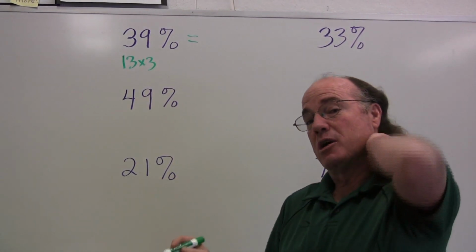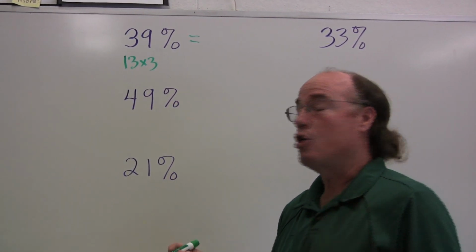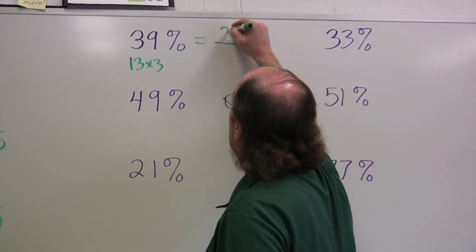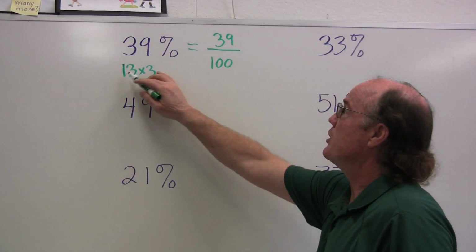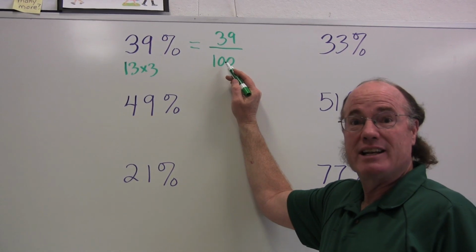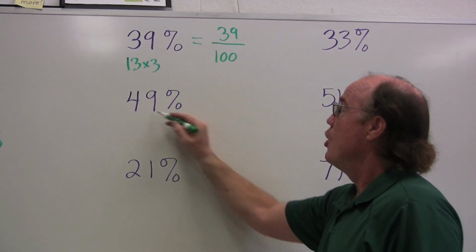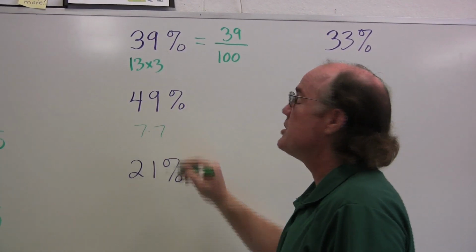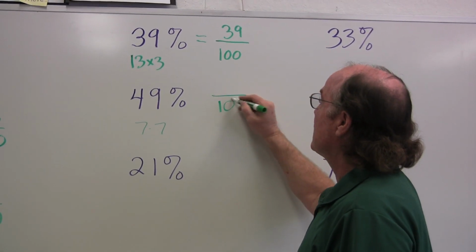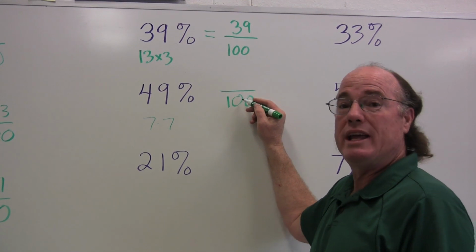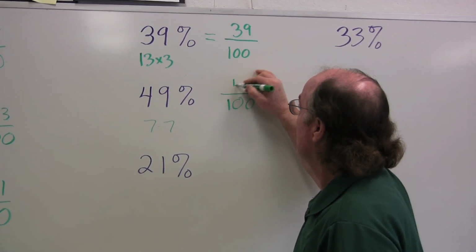Can any one of those numbers go into 100? No. And so we're going to get 39 over 100, because 3 and 13 can't be divided into there. Okay? 49 is 7 times 7. And 7 cannot be divided evenly into 100, so we can't reduce this. 49.